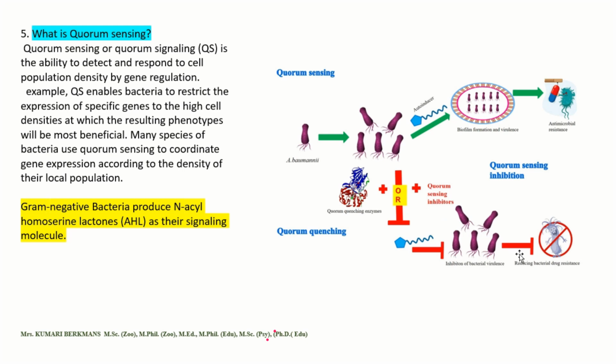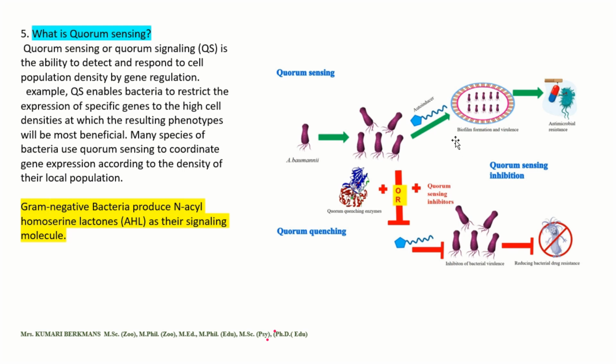So what is happening in quorum sensing is that the bacteria restrict the expression of certain genes to high cell densities at which the resulting phenotype will be most beneficial. Many species of bacteria use the sensing to coordinate gene expression according to the density of the total population.